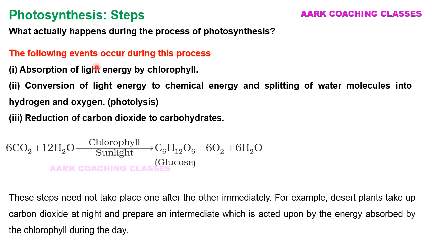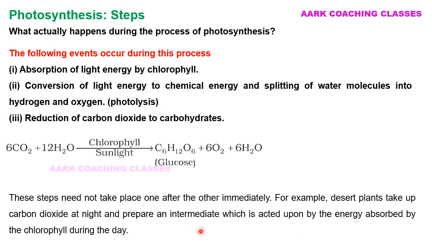For example, the desert plants, plants which are found in desert, where there is scarcity of water and temperature is very high, take up carbon dioxide at night. They take up CO2 at night and prepare an intermediate which is acted upon by the energy absorbed by chlorophyll during the day. So desert plants, they absorb CO2 at night.